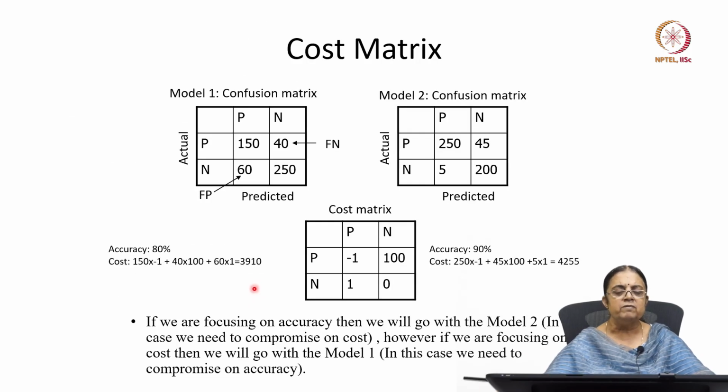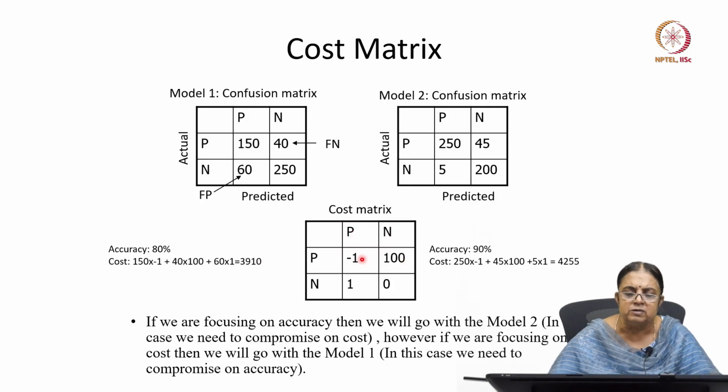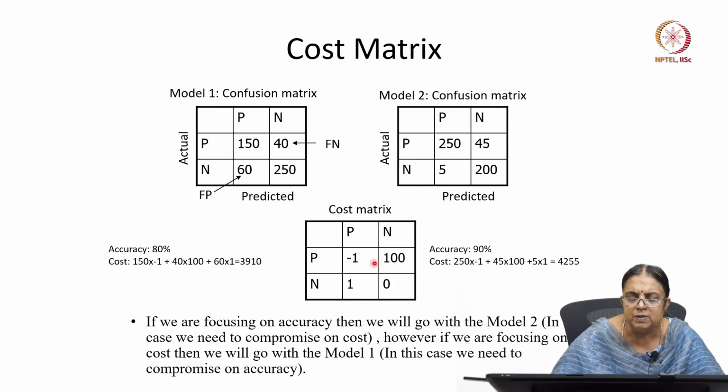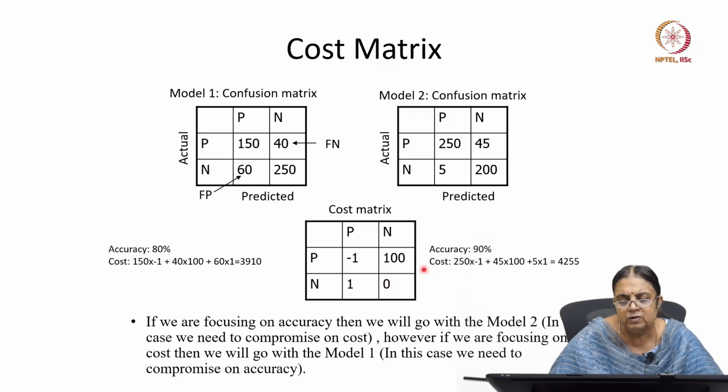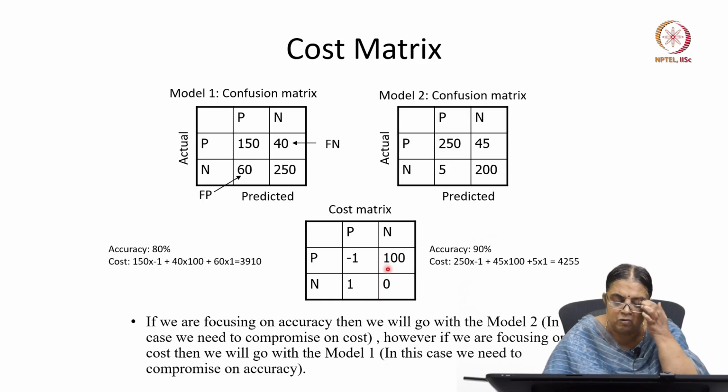So here you have the cost matrix, where the true positive is being given a cost of -1 and the true negative is given a cost of 0, whereas if it is negative and it is predicted as positive, you've got a high cost, right?